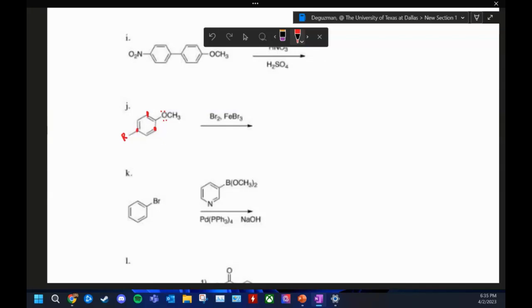But it looks like the para position is occupied. So we are stuck with the ortho position? So we just pick one, right? So let's say the bottom one. So add that Br. And yeah, that should be your final product.